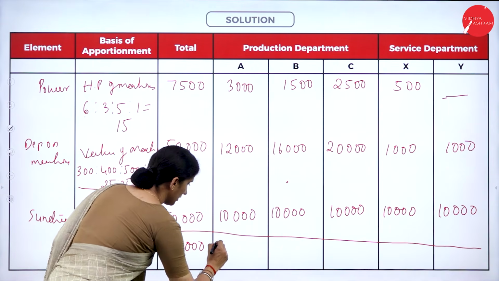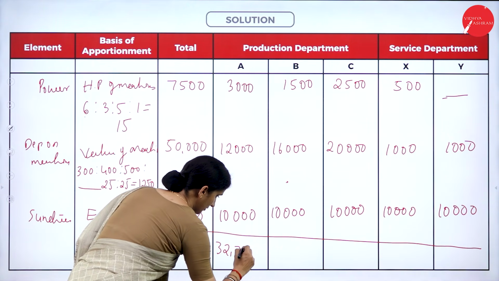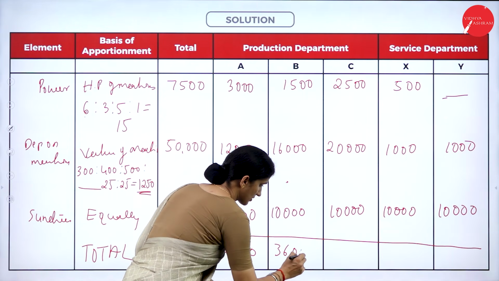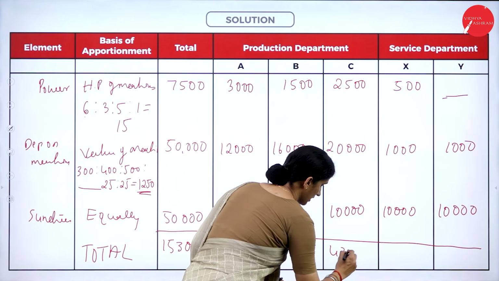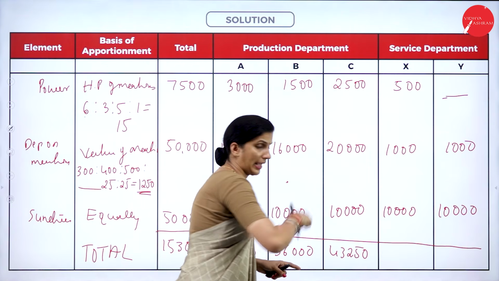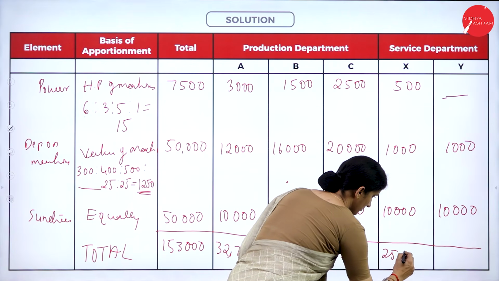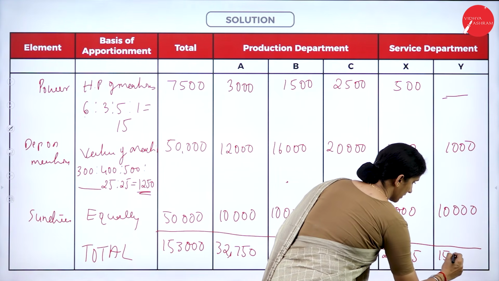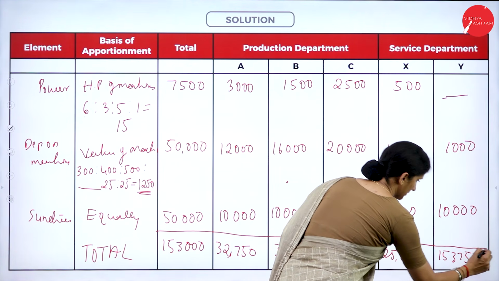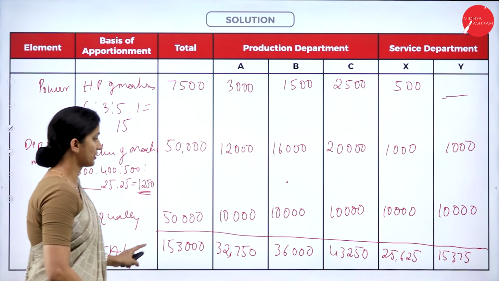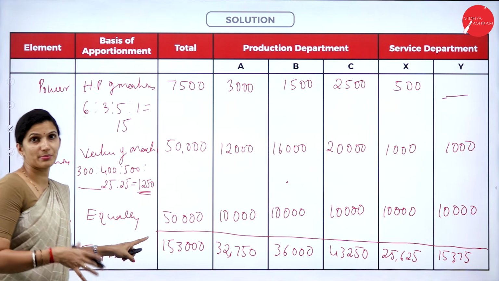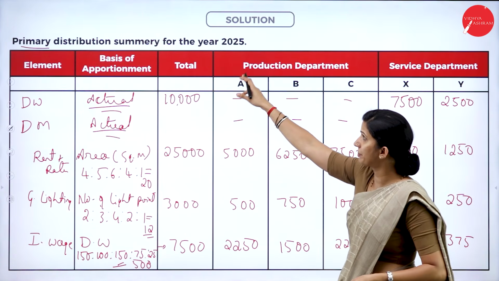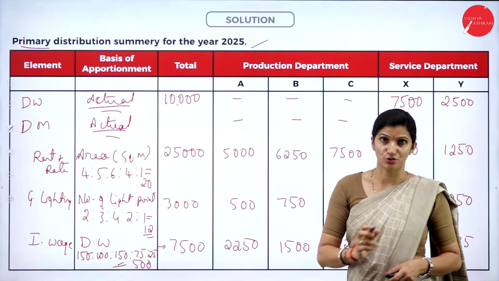The total comes to 32,750. Then for B, 36,000. Then for C, 43,250. Then for X, and then for Y, 15,375. So this is the total of your primary distribution summary. This is the first statement that you will prepare, that is, the preparation of the primary distribution summary.